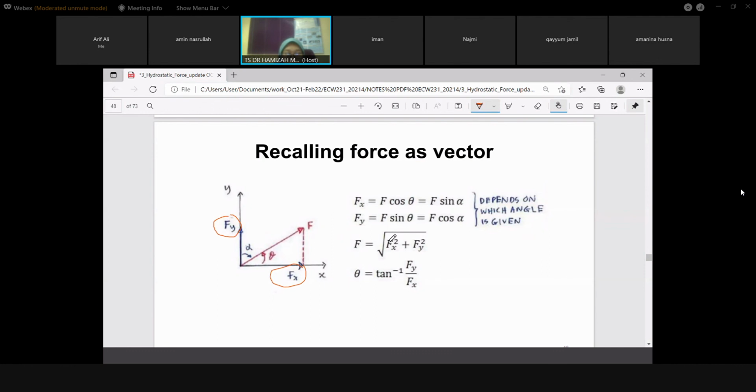So we can calculate the resultant force, Fr, which is the square root of Fx squared plus Fy squared. Besides representing as x and y direction, we can also represent as Fh, the horizontal force, and Fv, the vertical force.